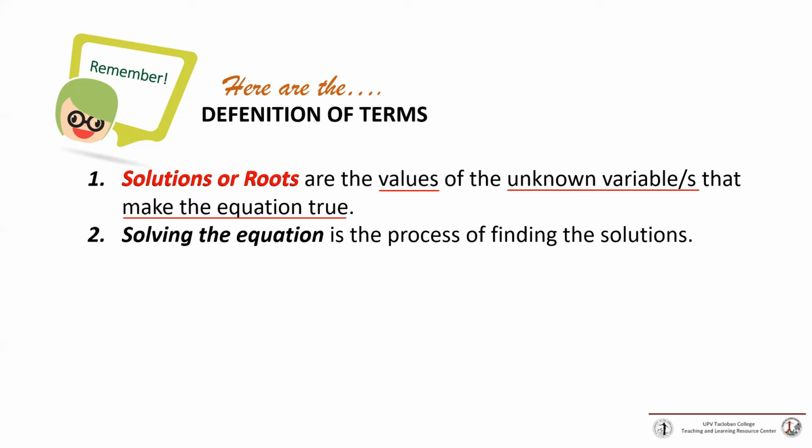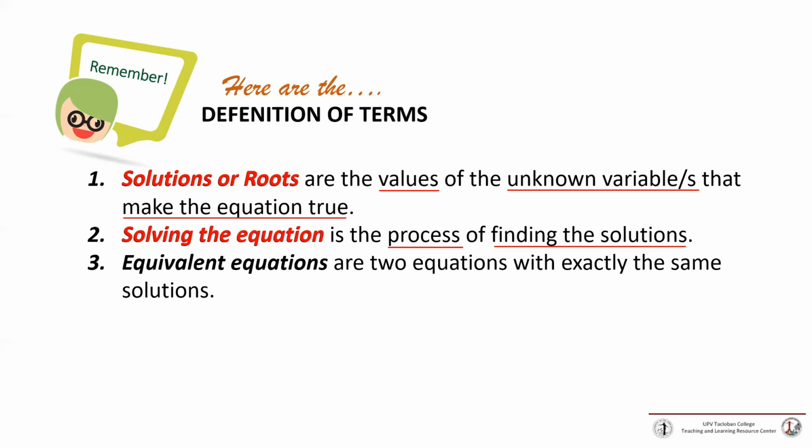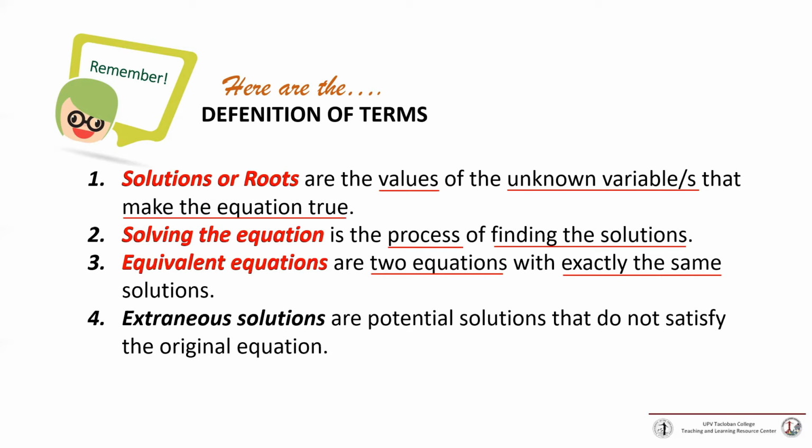Number two, solving the equation. Solving the equation is the process of finding the solutions. Number three, equivalent equations. Equivalent equations are two equations with exactly the same solutions. So if you have two equations and they have exactly the same solutions, then you can say that they are equivalent.